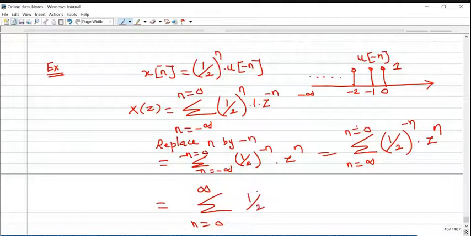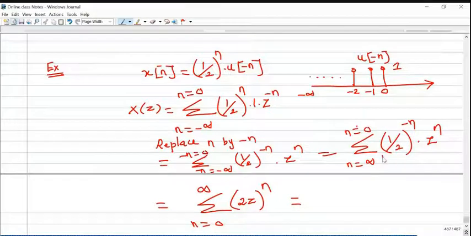So (1/2) power minus n is 2 power n, into z power n.